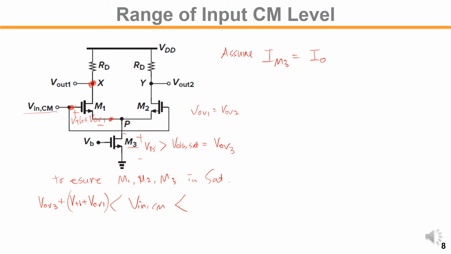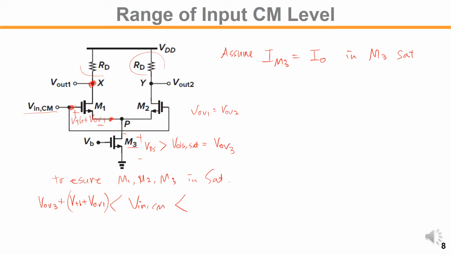This is true when M3 is in saturation, then M3 is a current source, right? So as long as M3 is a current source, the fixed current will flow, that means half of the I0 will flow through each RD equally.